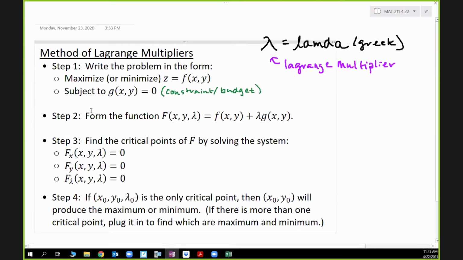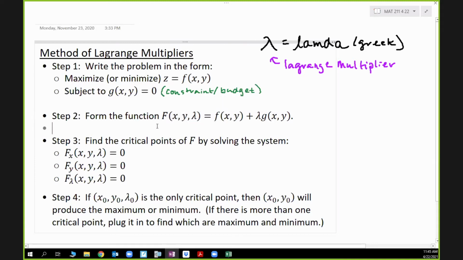So we're going to take these steps into a problem, but first I just want to note a couple of things. We're going to be making a new function which will have 3 variables. We've been doing functions with x and y, and this lambda, the Lagrange multiplier, is going to become a 3rd variable.